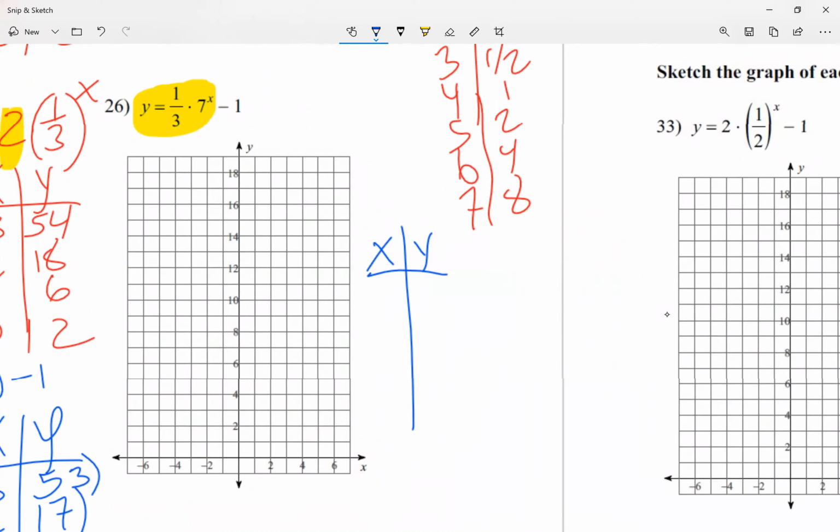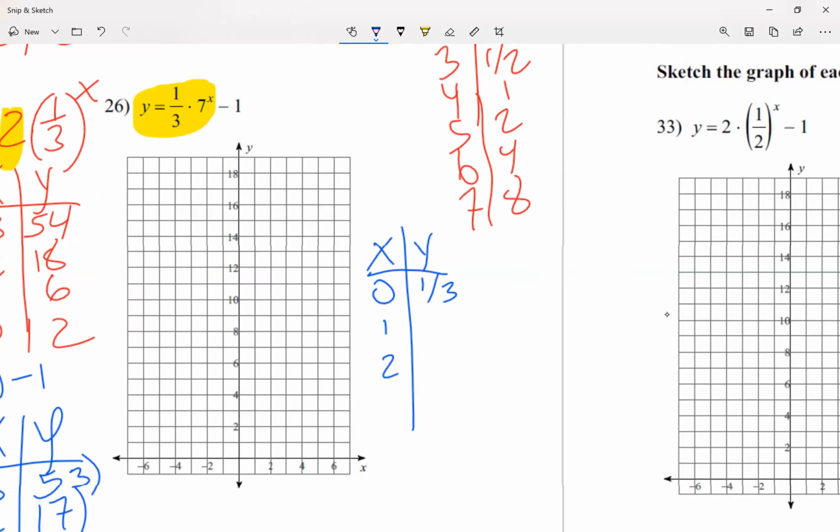When x is equal to 0, y is equal to 1/3. For my next number, I have to multiply by 7. So for x values, let me just think x is equal to 0, 1, 2. For my y value, multiply this by 1/3. So that gives me 7/3. And then the next number gives me 49/3.